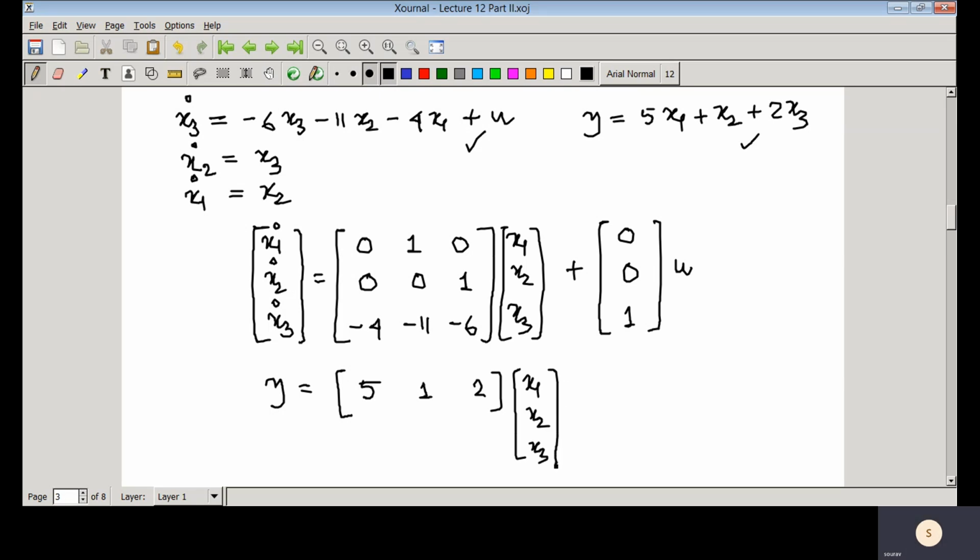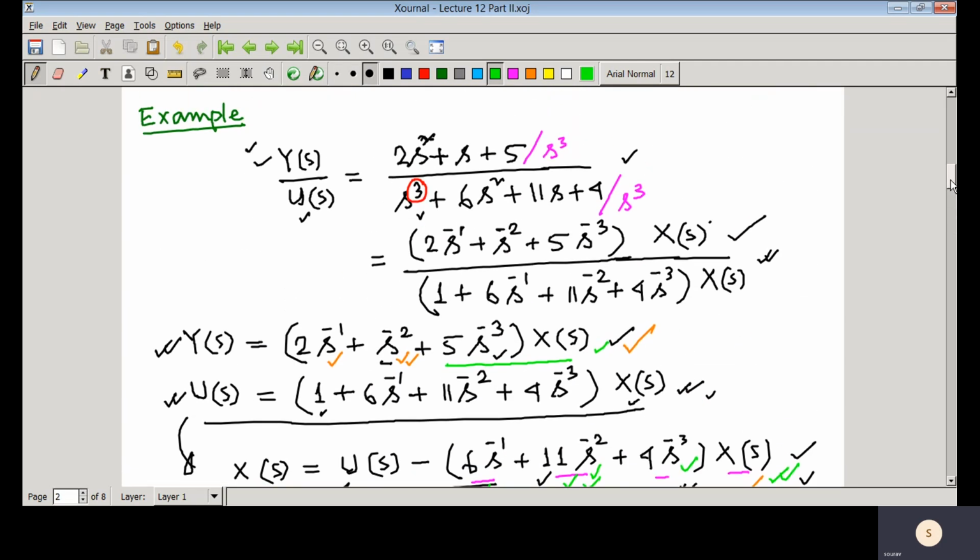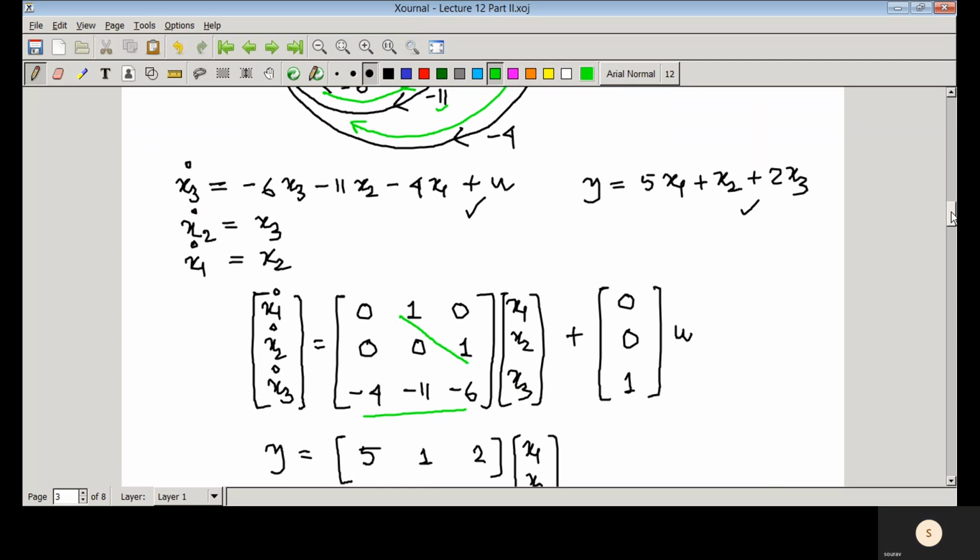So interestingly, you can see here that the 1, 1, this is coming in this form, and here you can see that A matrix has a special structure, and here this minus 4, minus 11, minus 6, they are actually the coefficients of the denominator polynomial, and in the B matrix you can see all elements would be equal to 0 and the last one is 1.